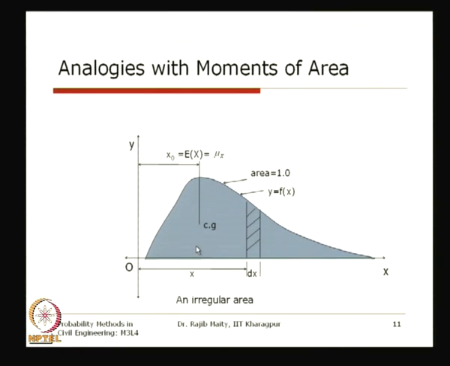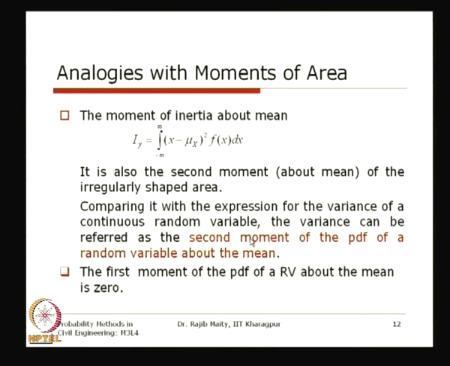Now for the second moment, I repeat, from this second moment onwards we calculate with respect to the mean, and we take the distance from the mean to this infinitesimally small area, multiply by it, and calculate its moments. So the moment of inertia about the mean, the second moment, involves x minus mu x.